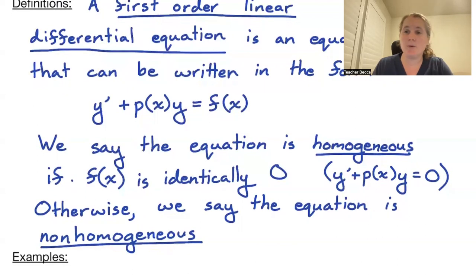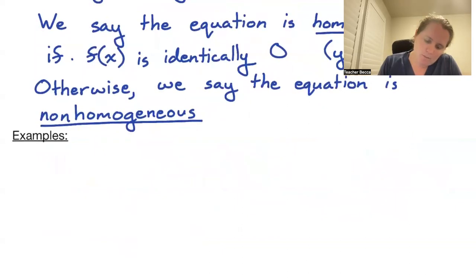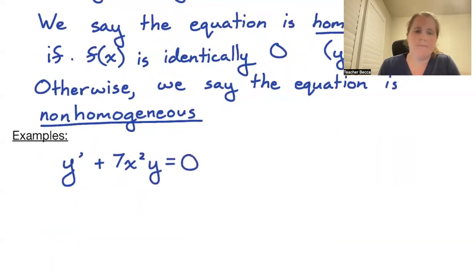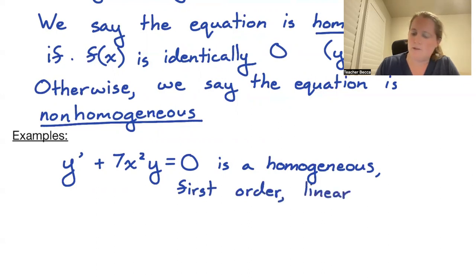So for some quick examples of homogeneous and non-homogeneous first order linear equations. Y prime plus 7x squared y equals 0 is a homogeneous first order linear differential equation.